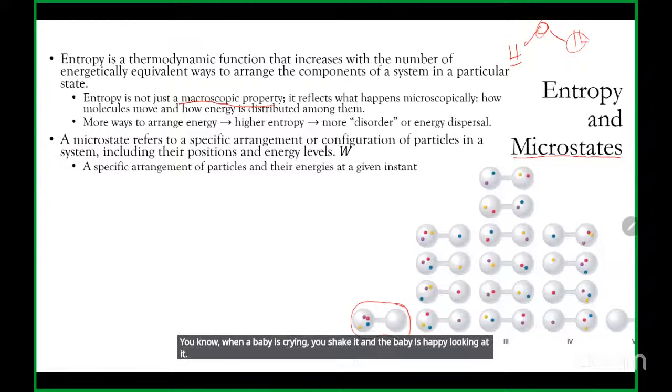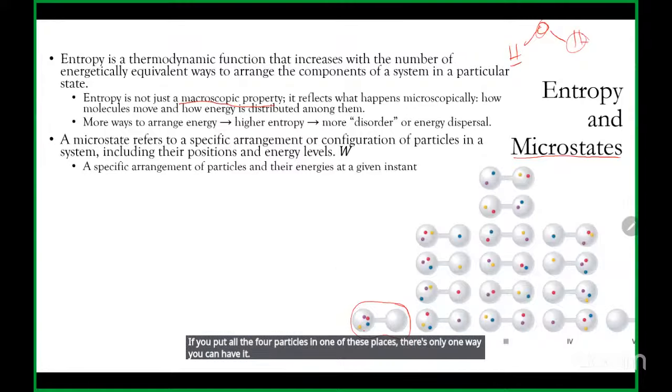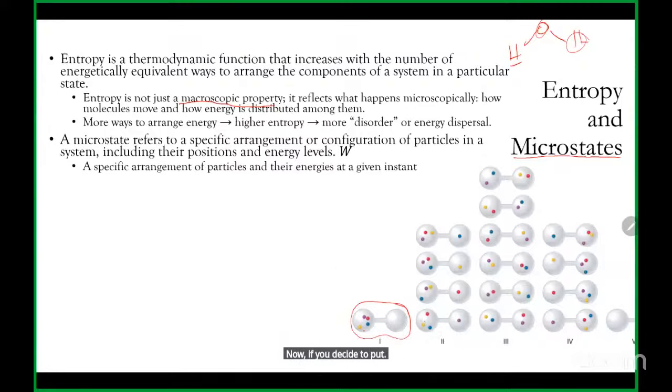So there are 4 particles inside this, let's call it a toy. It also has the shape of a dumbbell. If you put all 4 particles in one place, there's only one way you can have it. Now, if you decide to put 3 particles on one side of the dumbbell and 1 particle on the other side, there are 4 different ways in which you can arrange them.